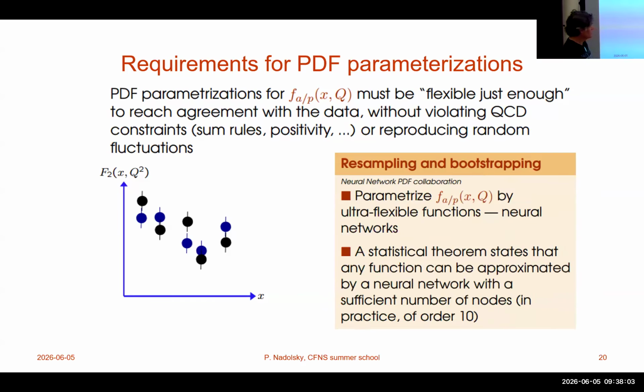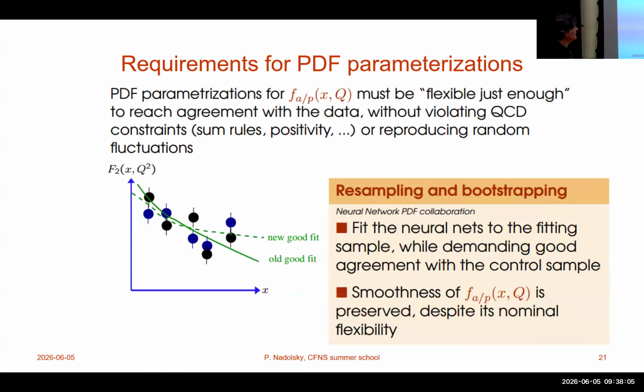You require that, on one hand, your fit gives you a good description of the fitted data, but then you also require that you do not get a bad chi-squared for the cross-validating data, or the testing data, right? And that somehow reduces the flexibility of the neural network.